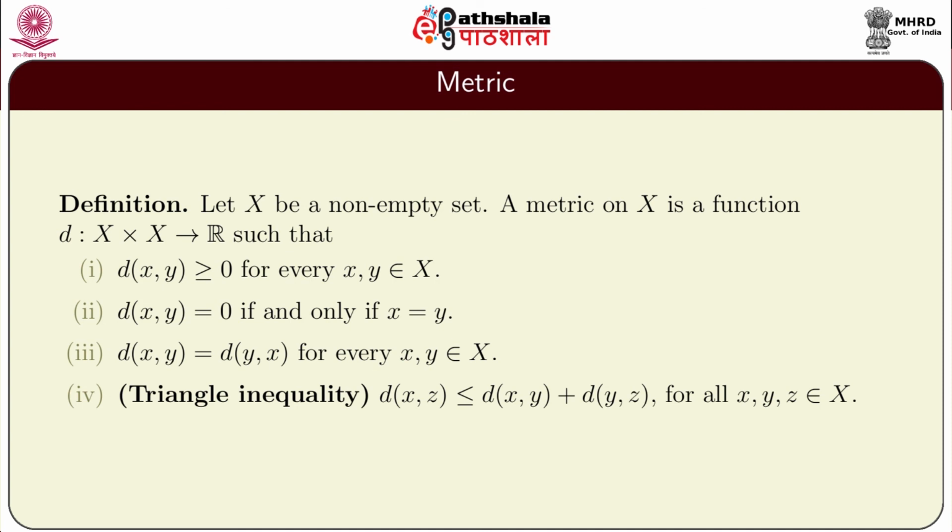We first note that a metric is defined on a non-empty set, and the non-empty set X need not have any algebraic structure on itself. On the other hand, we have learnt in basic topology that a metric on a set gives rise to a topology on the set, and that is how we define a metric space.